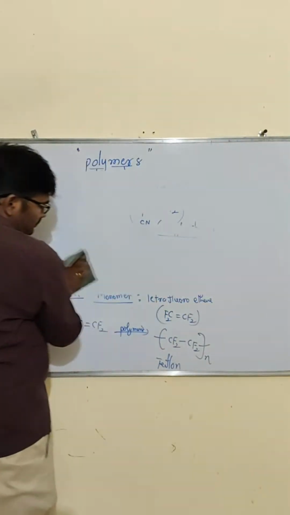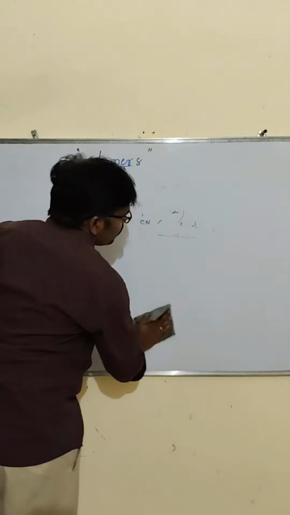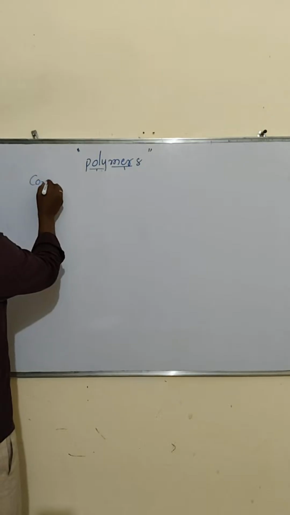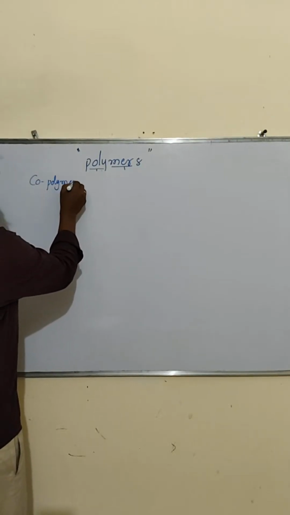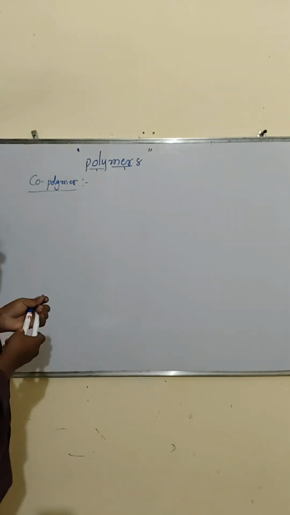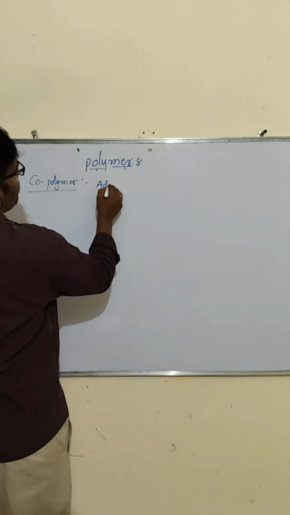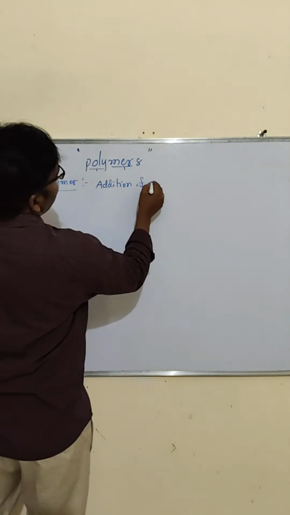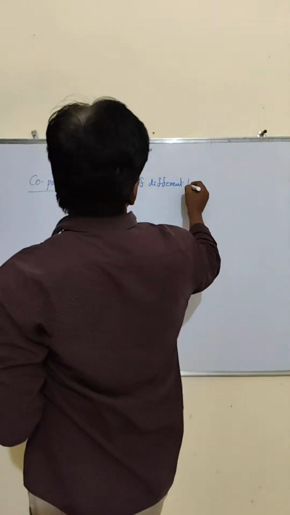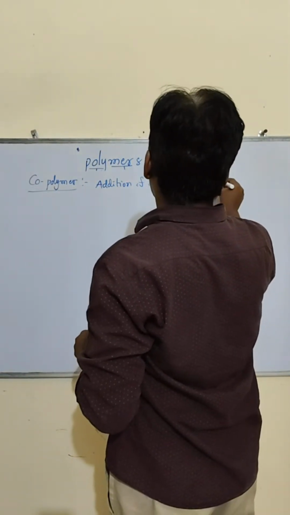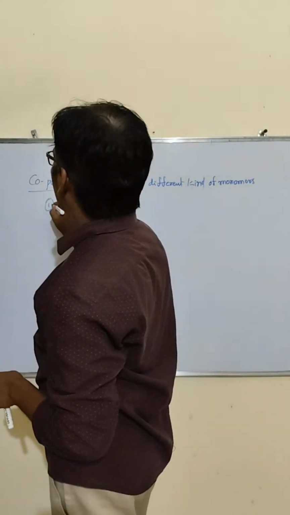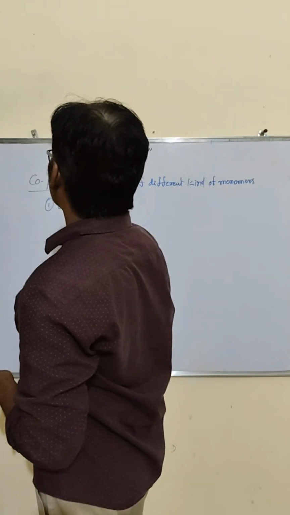What is a copolymer? A copolymer is nothing but the addition of different kinds of monomers. Examples for this: number 1, Buna S.